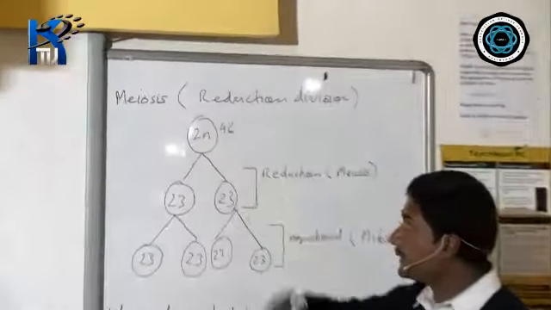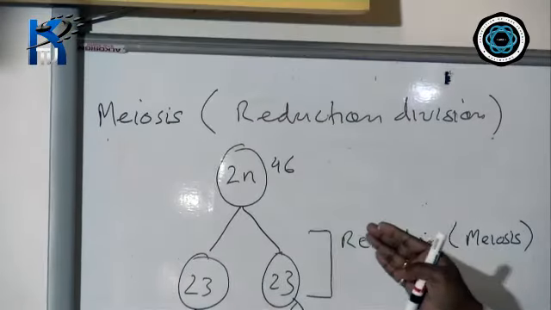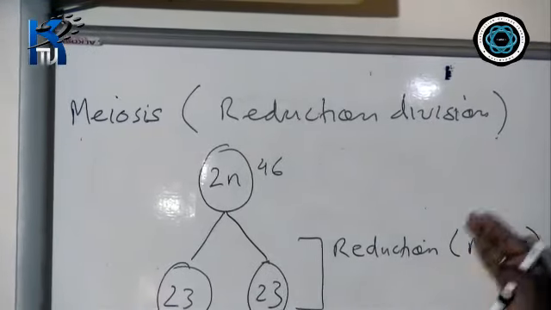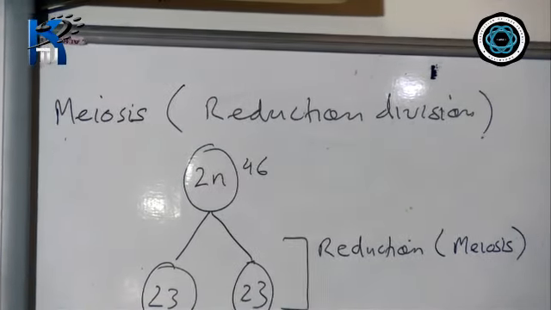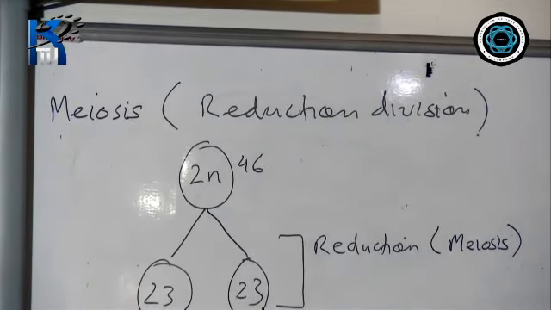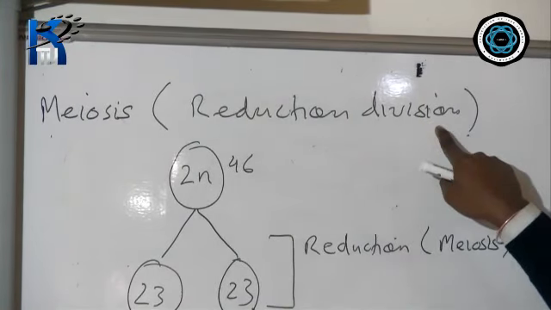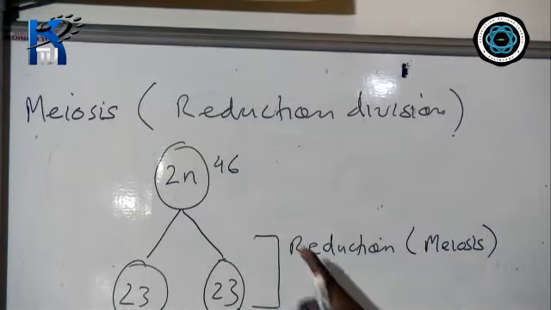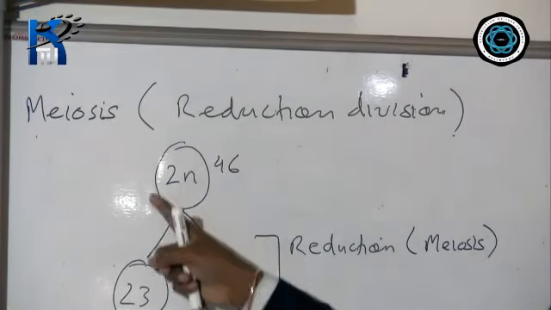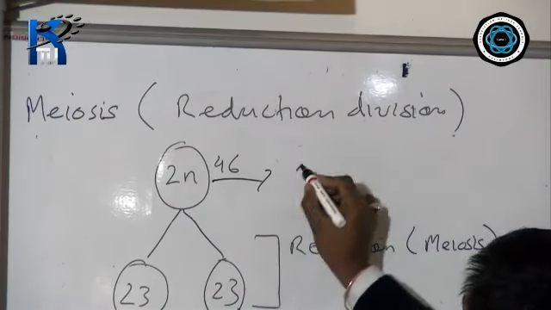What is meiosis? Meiosis is a type of division of the chromosome in which it reduces the chromosome number to half. That is why it is called a reductional division. Let's take an example; here I have taken 2n. What do you mean by 2n? 2n means diploid.